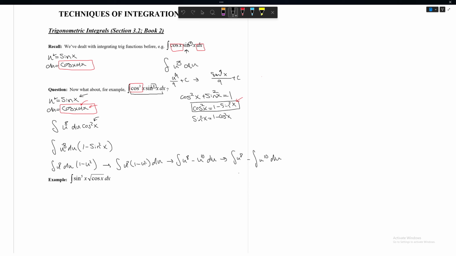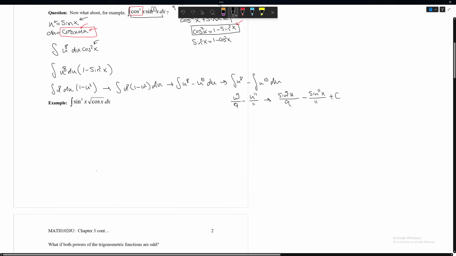And then once you do this whole operation, we'll get u to the 9 over 9 minus u to the 11 over 11, since 10 plus 1 is 11. And don't forget your last two steps: replace your u with what it was originally. That's sine to the 9 of x over 9 minus sine to the 11 of x over 11, and your plus c, which is your second step.